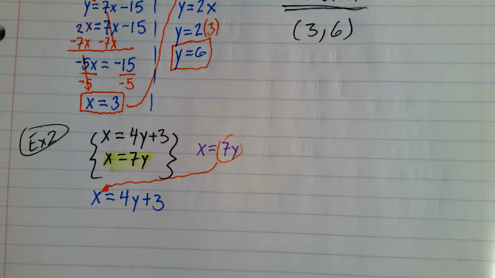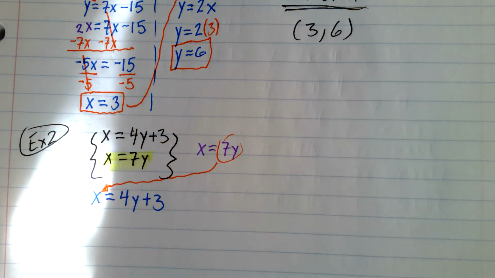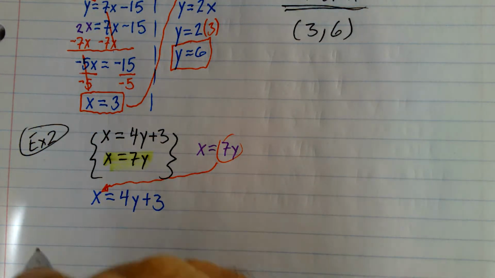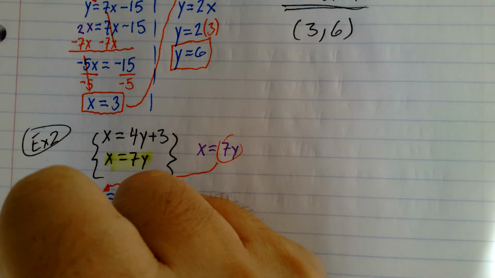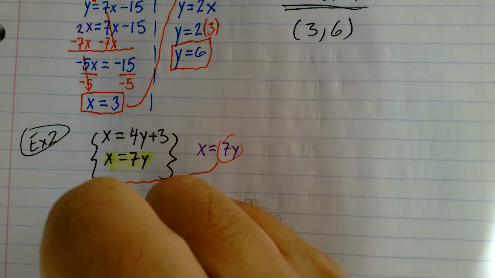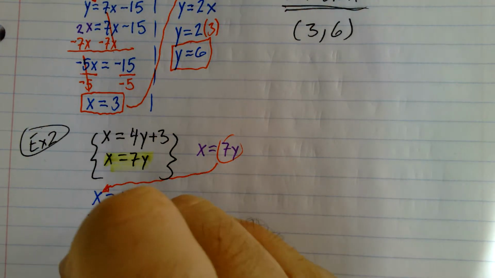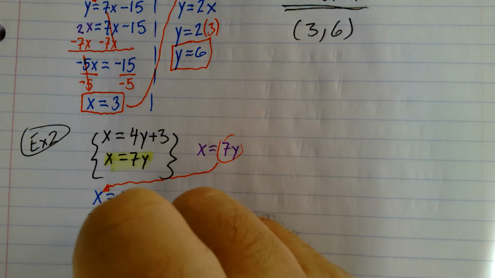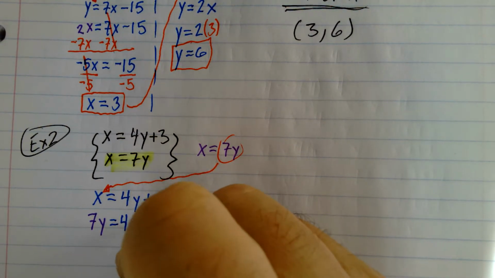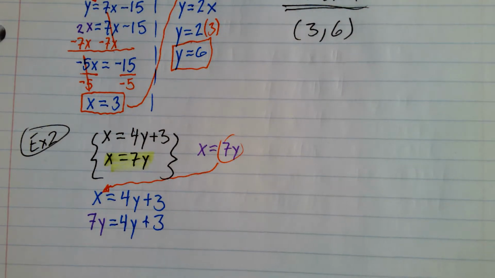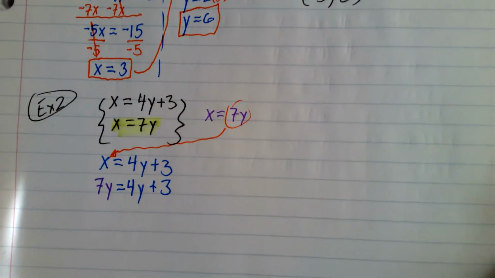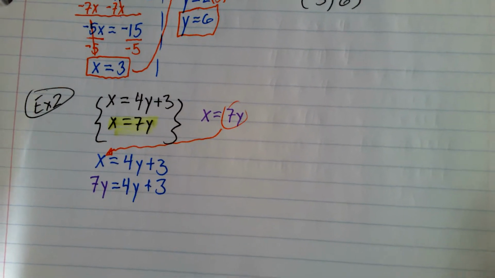We replace x with 7y. Okay, so let's do that. Let's substitute in 7y for x. So instead of x, I'm going to write 7y, and then the rest of this equation equals 4y plus 3. Okay?